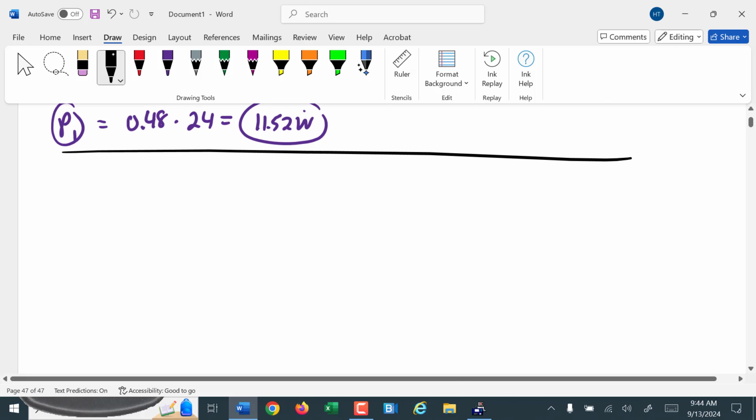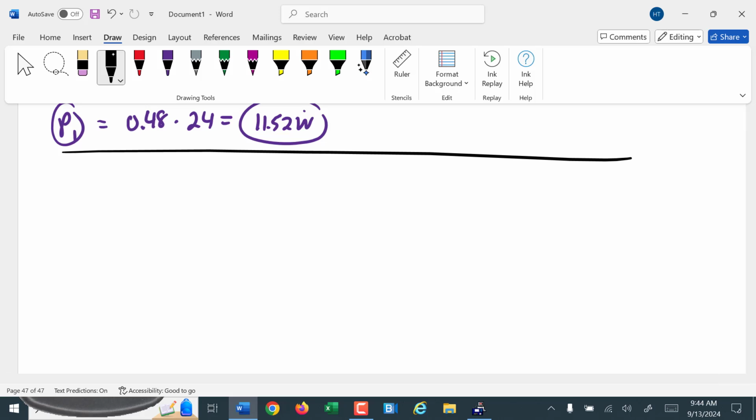For number 4, again, a similar thing, only there's 3 resistors in parallel. So to find my total resistance, it'll be 1 over 90 plus 1 over 450 plus 1 over 150.